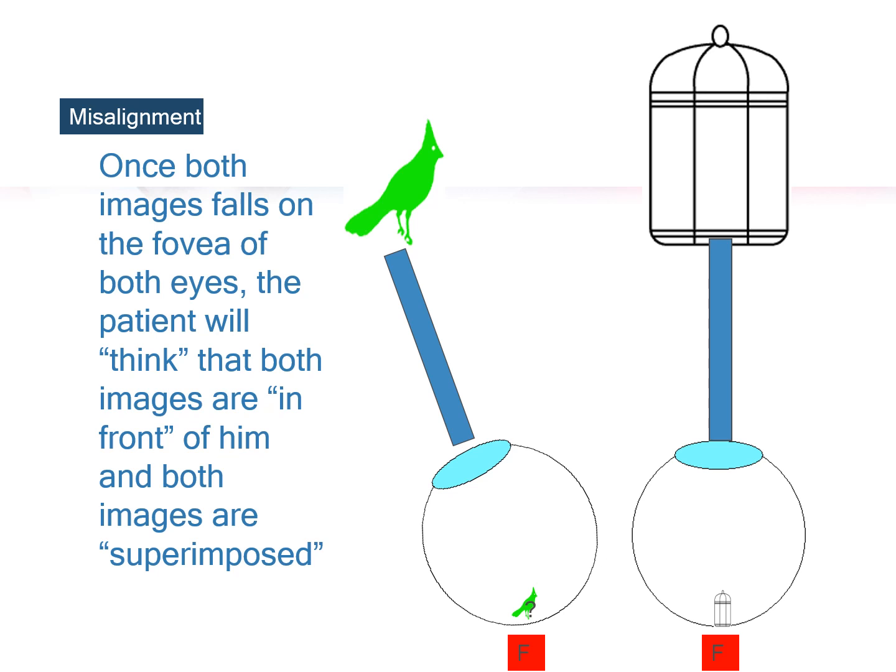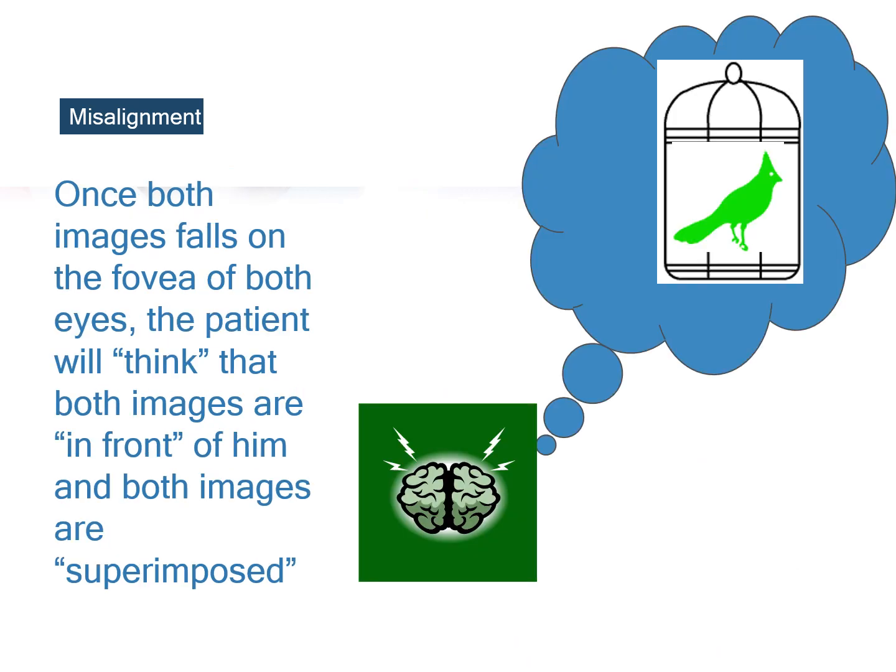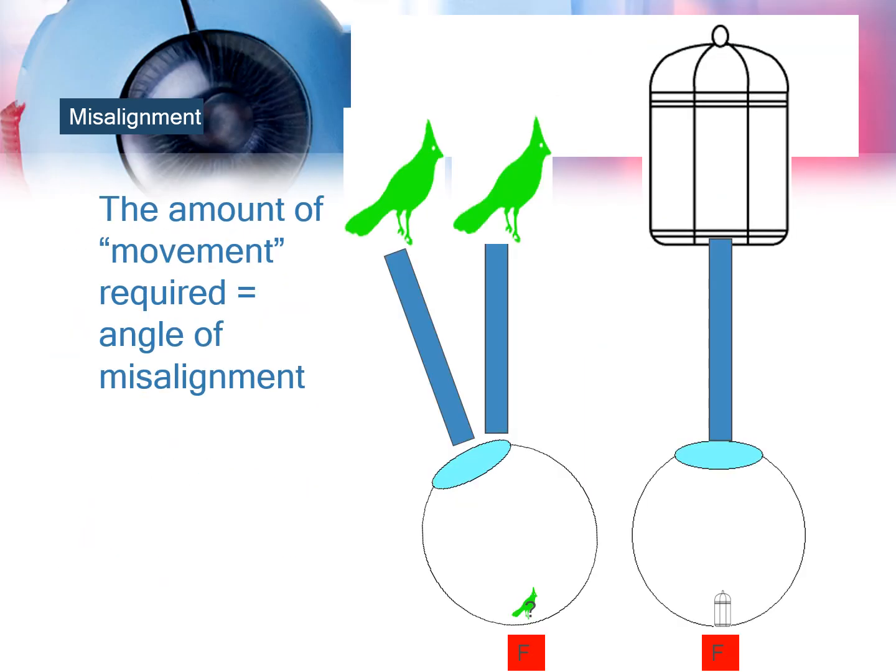Once the image of the bird falls on the fovea of the left eye, now the brain will think that both images are in front of him and that both images are superimposed. We can make use of this movement to measure the angle of deviation. The larger the amount of movement required, the larger the angle of misalignment.